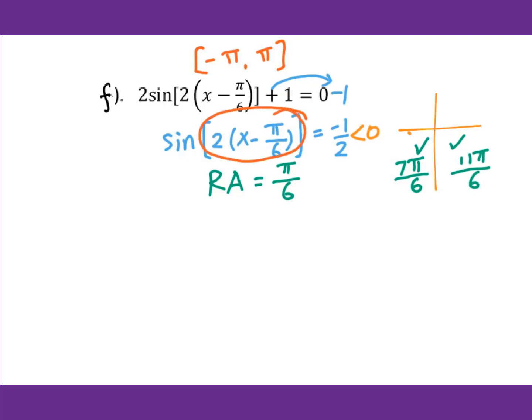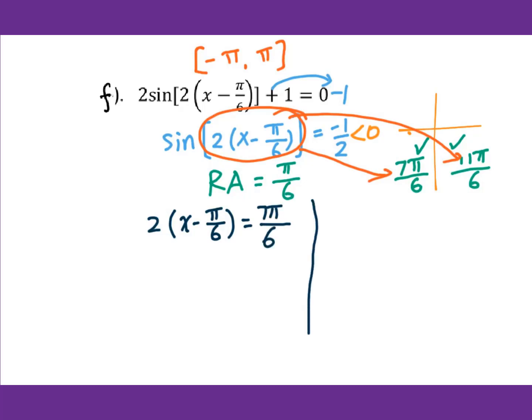This angle should be equal to these two. So we will set up 2 times x minus pi over 6 equal to 7 pi over 6, and 2 times x minus pi over 6 equal to 11 pi over 6.